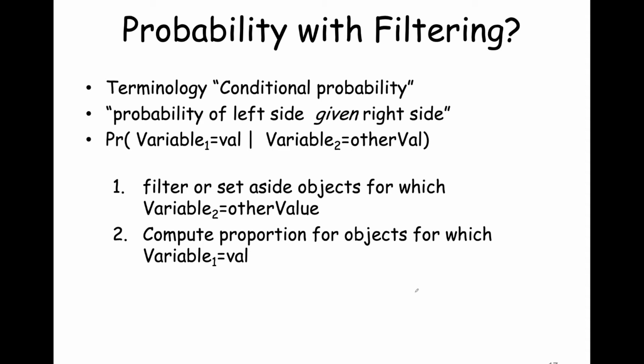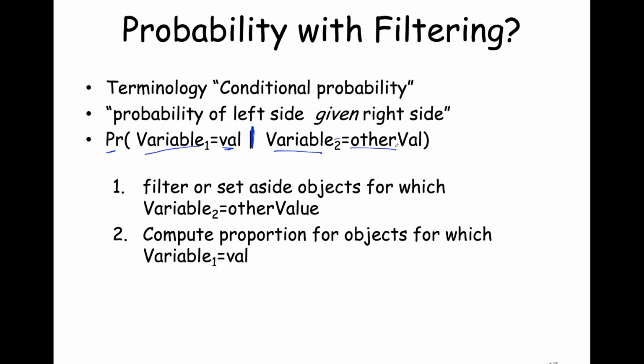And how you express a conditional probability is as follows. You say the probability that some variable equals some value, vertical bar, given that some other random variable takes on some other value. And how you pronounce it is, you say the probability that variable 1 equals some value, given that variable 2 equals some other value.